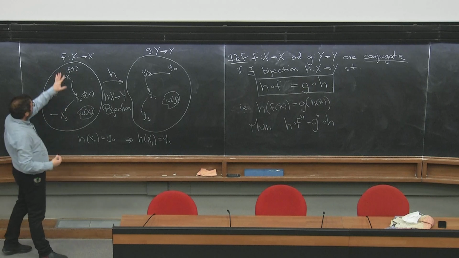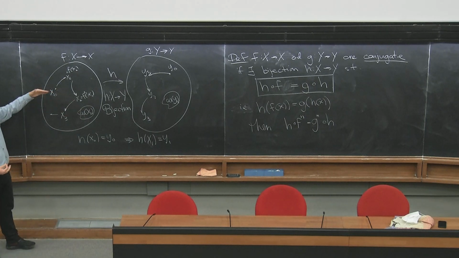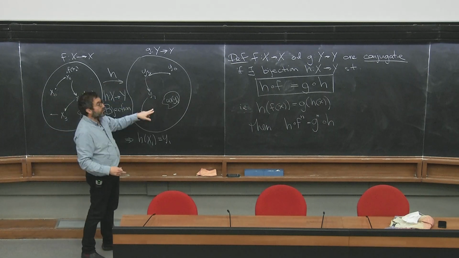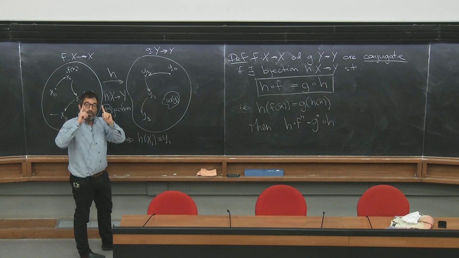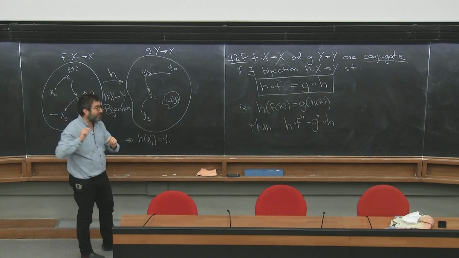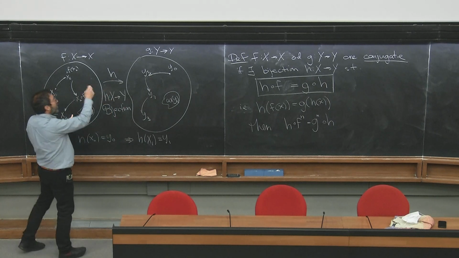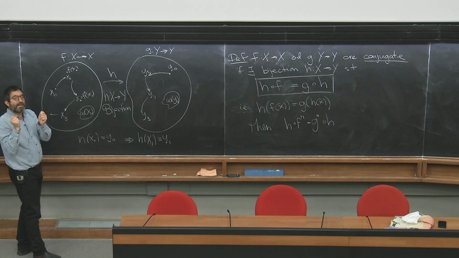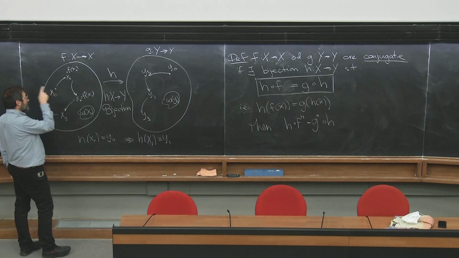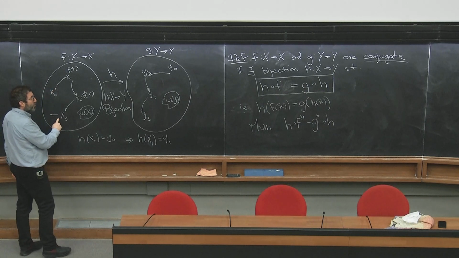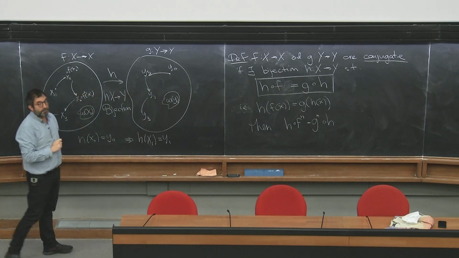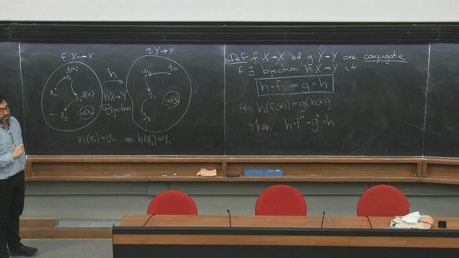So for example, if you have one system in which this orbit converges to a fixed point, right? Then you want also this orbit to converge to a fixed point, and you want the two fixed points to be the correct fixed points, right? So H maps all the fixed points to the fixed points, but we don't know if it maps exactly the fixed point that is the omega limit set of x naught to exactly the same fixed point that is the omega limit set of y naught, right?